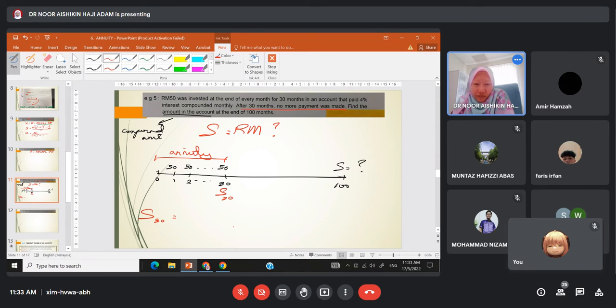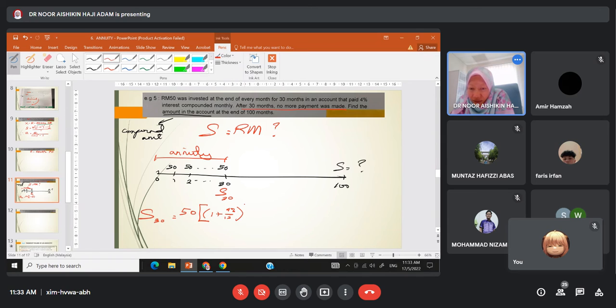What is S30? RM50 times 1 plus i. What is your i? 4% interest compounded monthly. So 1 plus 4% over 12, to the power of n.